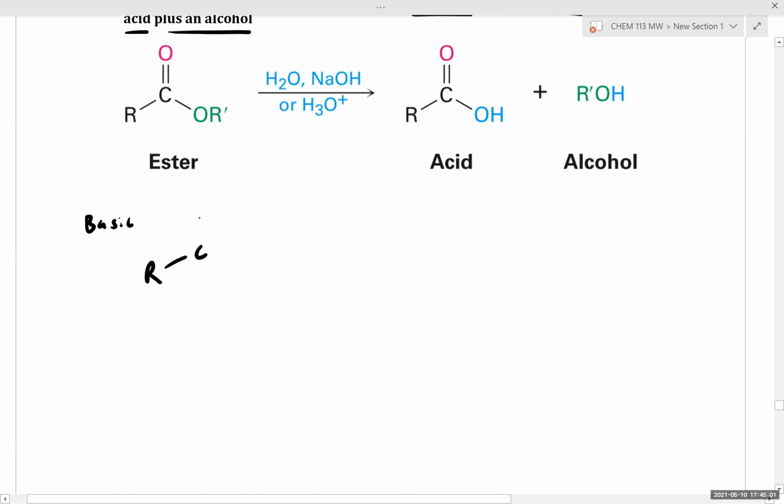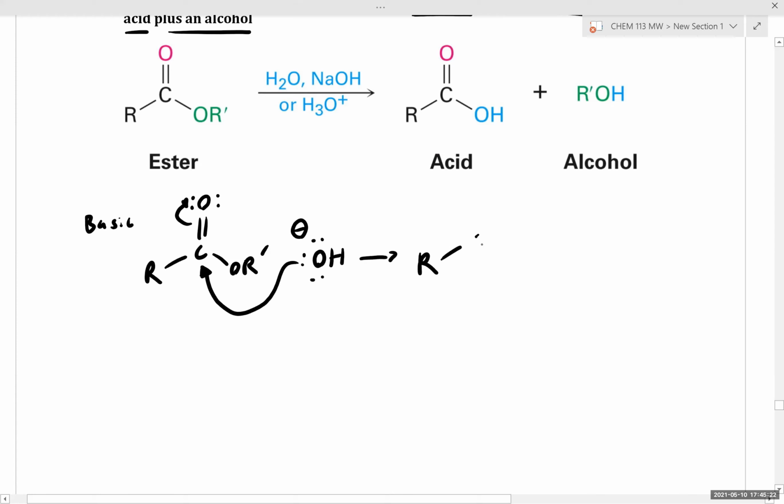So if you start with your ester and you treat it with sodium hydroxide, as we're under basic conditions, the first thing that's going to happen is our nucleophilic equivalent of hydroxide will attack the electrophilic carbonyl carbon, generating a tetrahedral intermediate.